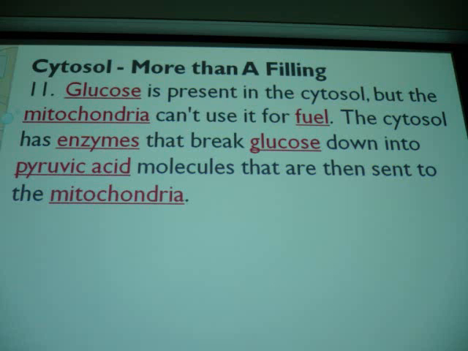Glucose does enter a cell. It is in the cytoplasm. But the mitochondria can't use it yet. Glucose is just too big a molecule to get into a mitochondria.